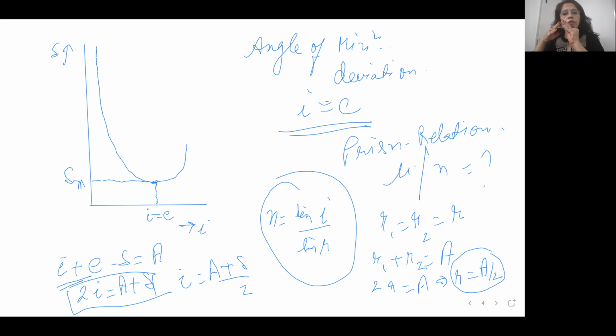And finally, we got the deviation of the incident ray, and we derived how the deviation is dependent on the angle of prism and refractive index. And we also studied what the angle of minimum deviation is.